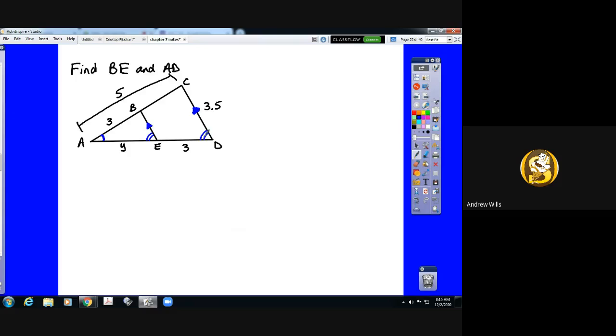So that gives us our two sets of angles, which means that triangle ABE is similar to triangle ACD because we have shown angle-angle similarity. We have two sets of similar angles.